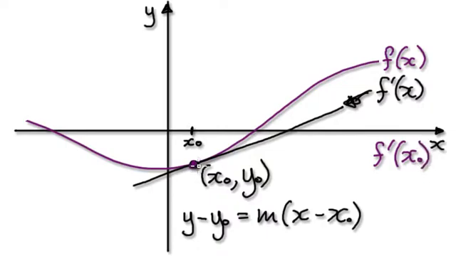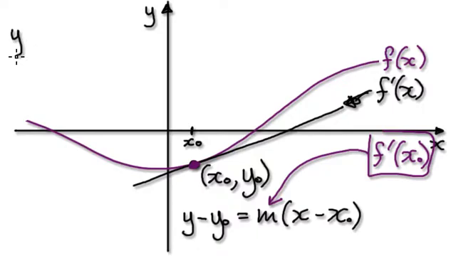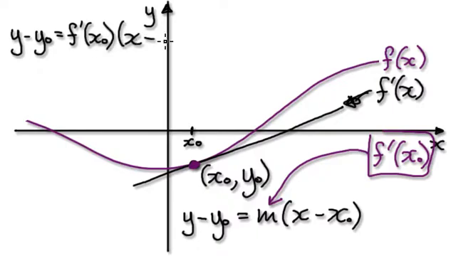Now you can put this into the m. That will give you y minus y0 equals f prime of x0, and then x minus x0.